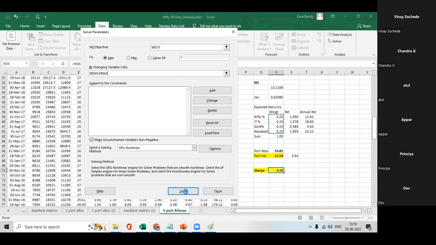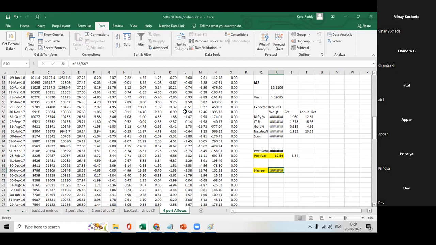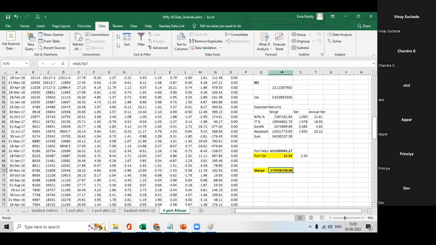Just say solve. What it has done is it has gone berserk and put all the weights to whatever it wants, because all that we asked was to maximize Sharpe.